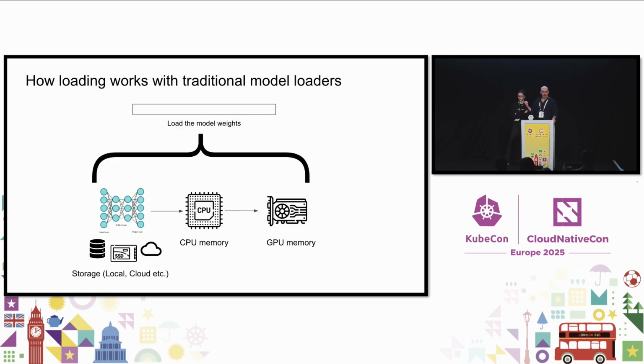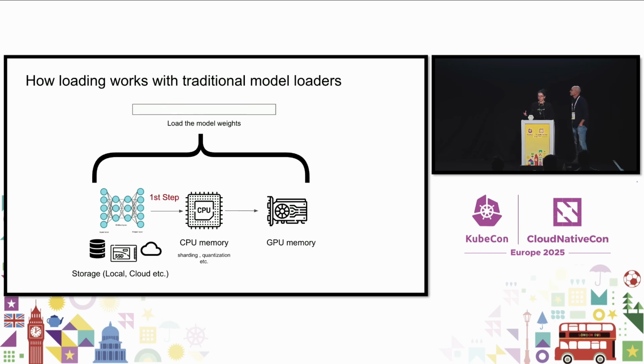And Ekin will explain more about model loading and what we did with the Run AI Streamer. Yes, let's zoom into those containers and the model loading process a bit. So we have a storage that can be a local storage, that can be an object storage, doesn't matter. You have your model there. And first of all, you need to move your model to your CPU memory.